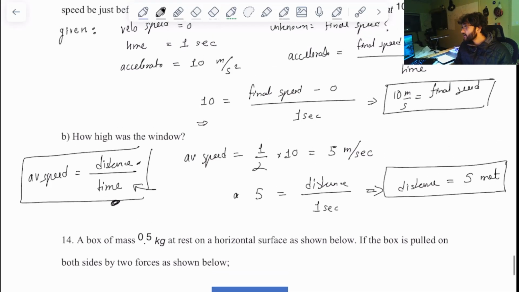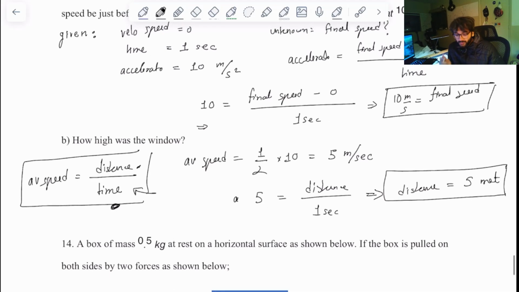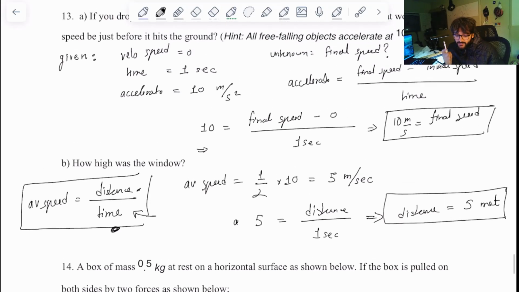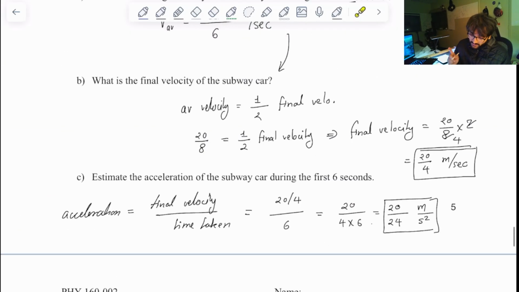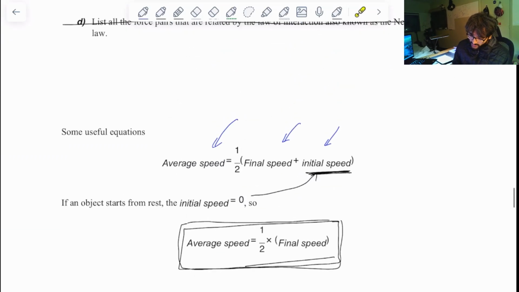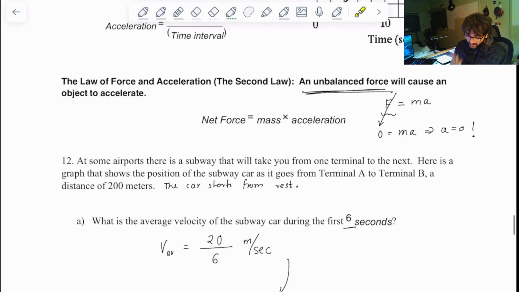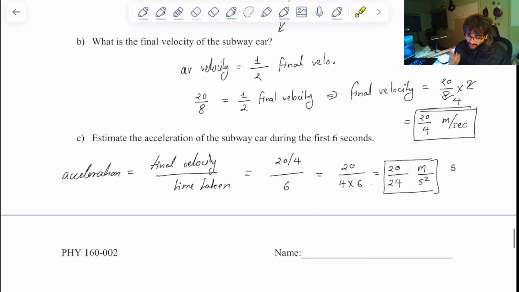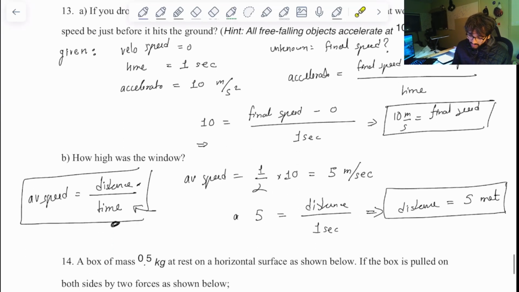This gives you distance equal to 5 meters. It's a good problem because it does not just test you on the formula of average speed, which is distance over time. Mind you, average speed also has one more formula, where it is half of final speed plus initial speed, and this is the same formula when initial speed is 0. So that's the first formula, and the second formula is just distance over time.